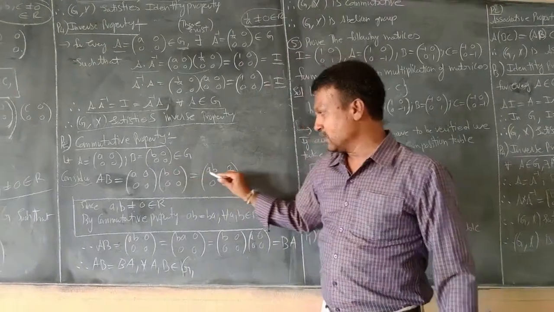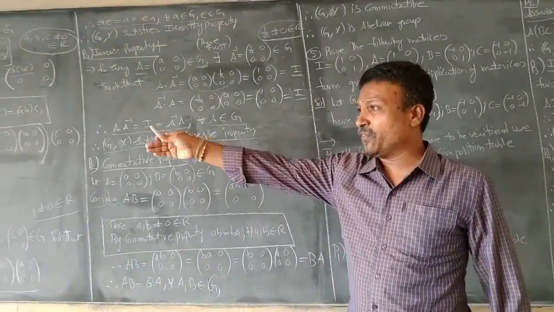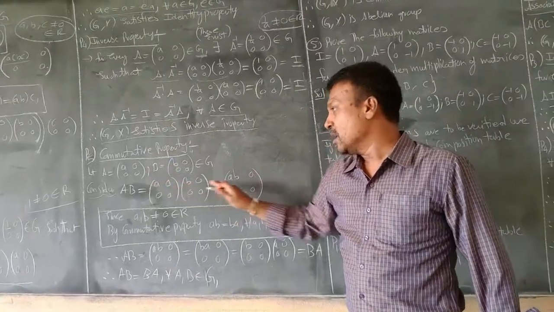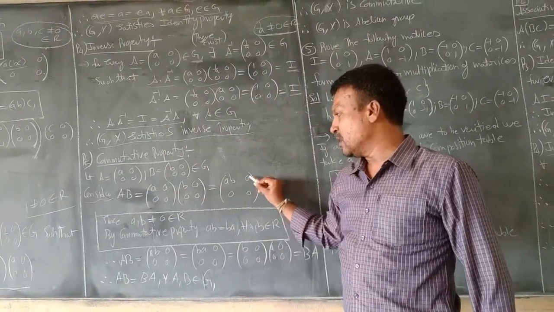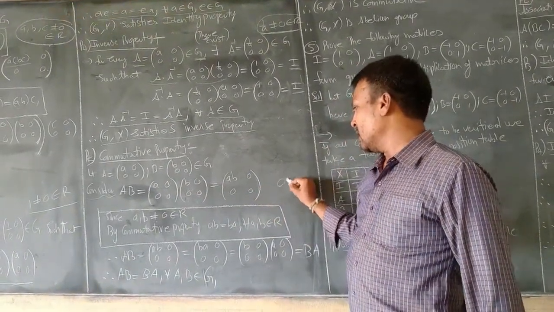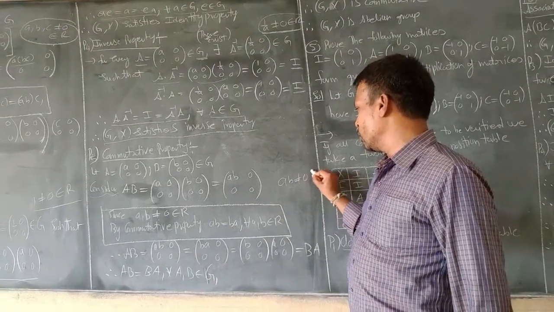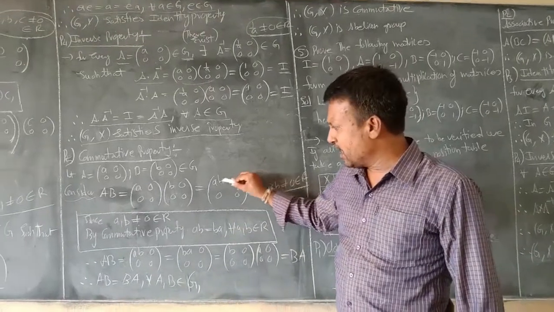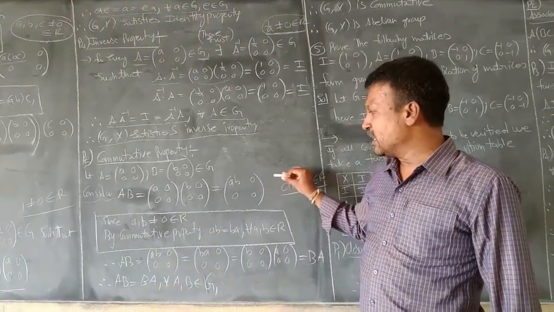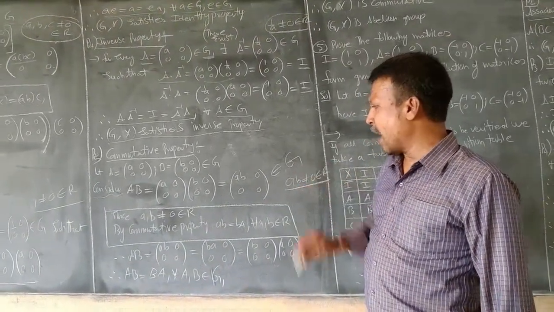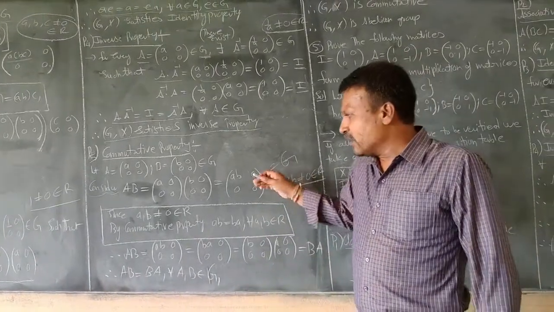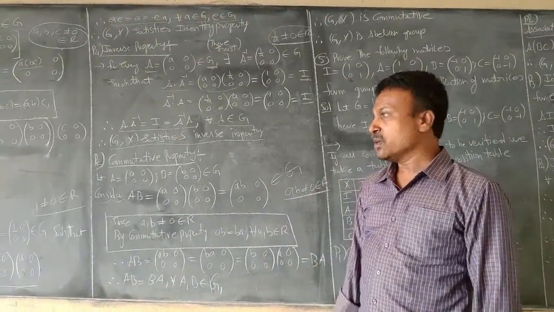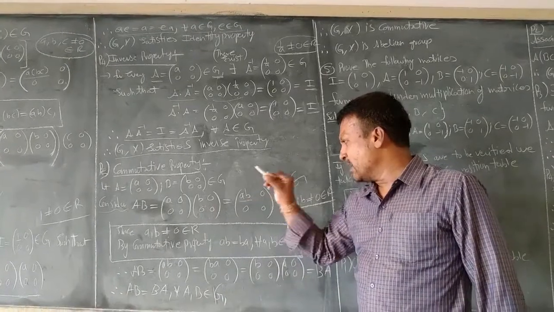As in the closure property, if we multiply two matrices capital A and B, we get the matrix in the form of [ab 0; 0 0]. Right, here ab is not equal to 0 and belongs to the set of real numbers capital R. Therefore, this [ab 0; 0 0] will be present in the set of matrices capital G. Right, here I will take a slight diversion stating about this element ab.